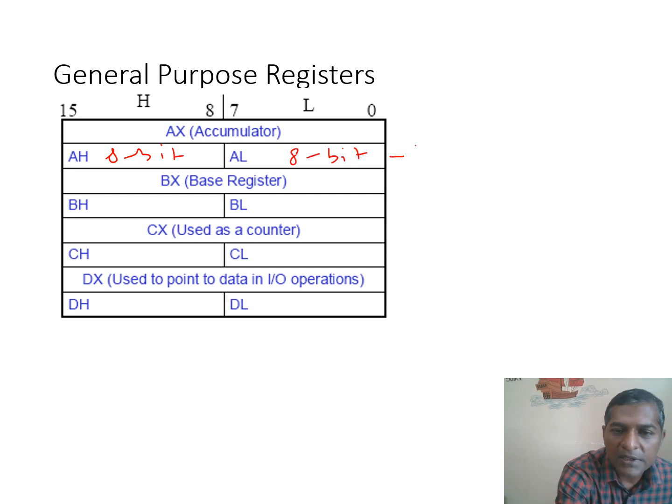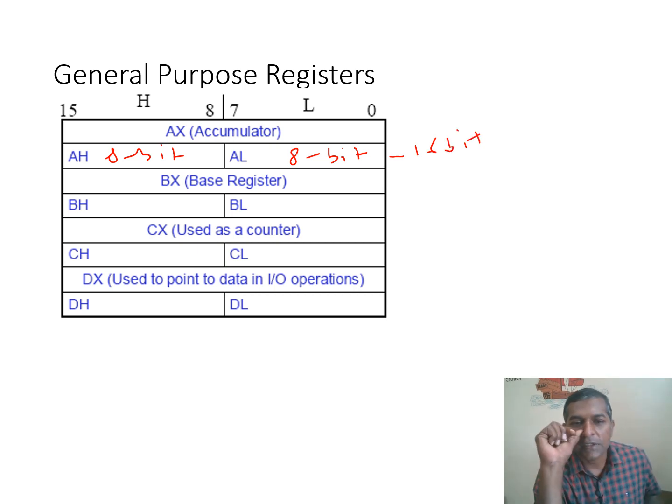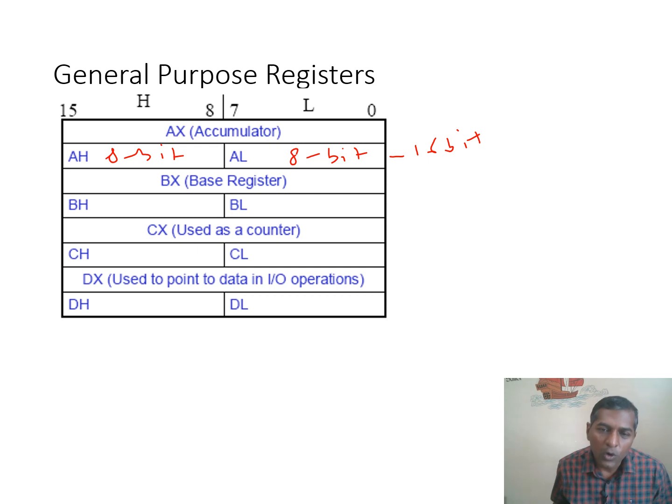In total, this is a 16-bit register. This 16-bit register will hold 16 bits of information, but sometimes we don't want to use the complete 16-bit information. What do we want to use? We want to use 8-bit information. Then we can directly access only AH or only AL.